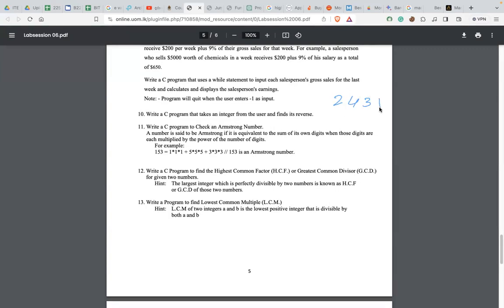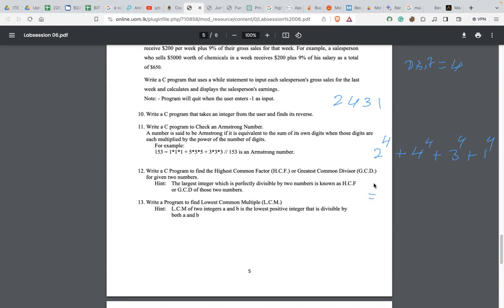There are 4 digits available. Then take the power of 4 of each one. That means 2 to the power 4 plus 4 to the power 4 plus 3 to the power 4 plus 1 to the power 4.